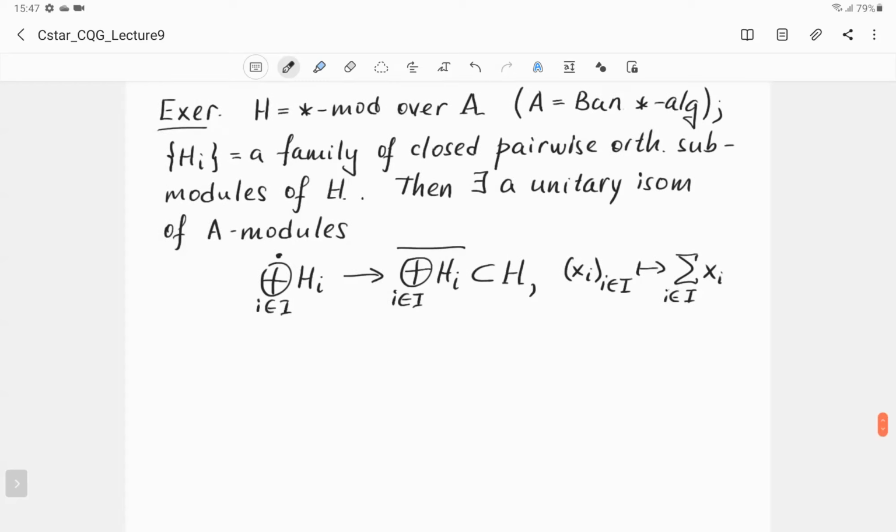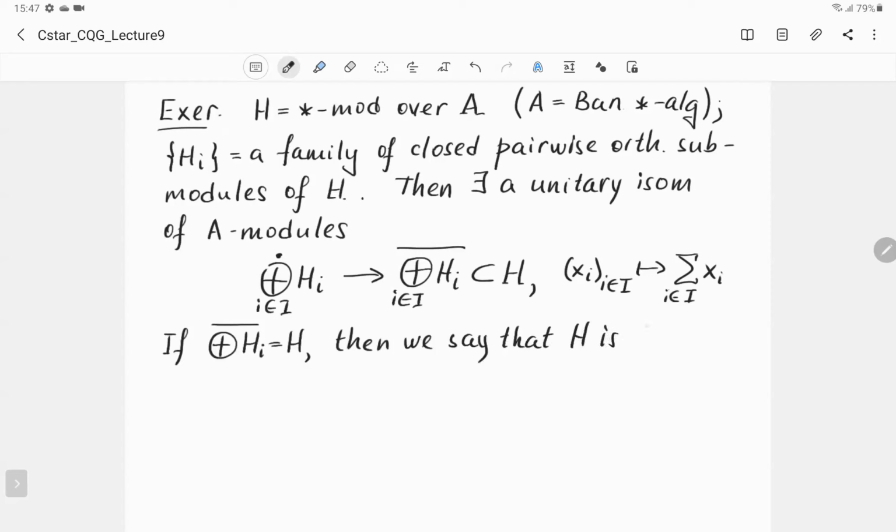So in this case, if the direct sum of HI is dense in H, then we say that H is the Hilbert direct sum of the family HI.